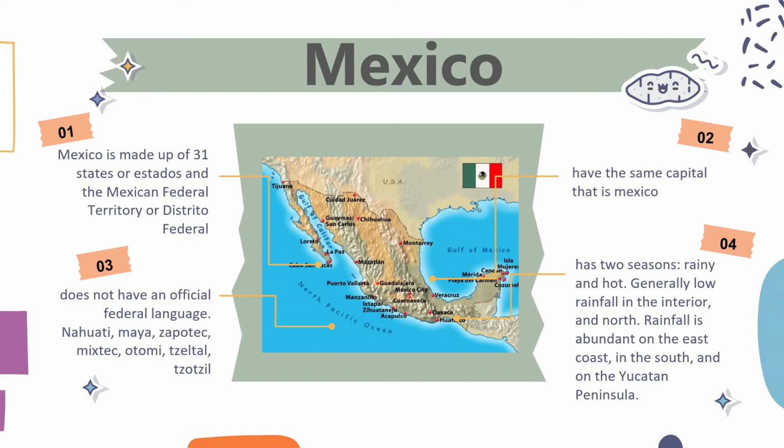There are Nahuatl, Maya, Zapotec, Mixtec, Otomi, Tzeltal, and Tzotzil. Mexico has two seasons, rainy and hot. Generally, rainfall is low in the interior and north, while rainfall is abundant off the east coast, in the south, and on the Yucatan Peninsula.